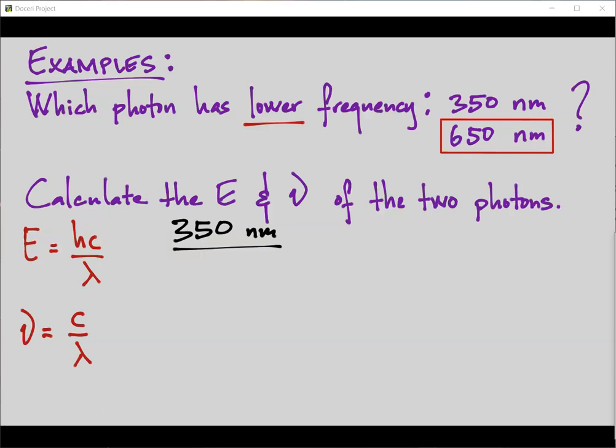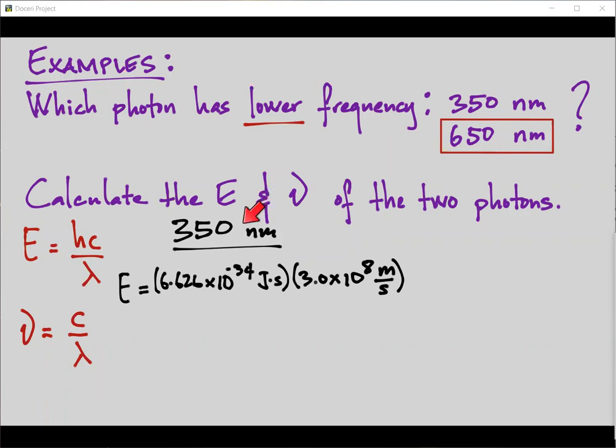So let's calculate energy and frequency first for the 350 nanometers. For energy, we have Planck's constant right over here, and you multiply this by the speed of light, which is 3 times 10 raised to the 8th power. And you divide this by the wavelength, 350 nanometers, converted to meters. And how do we convert that?